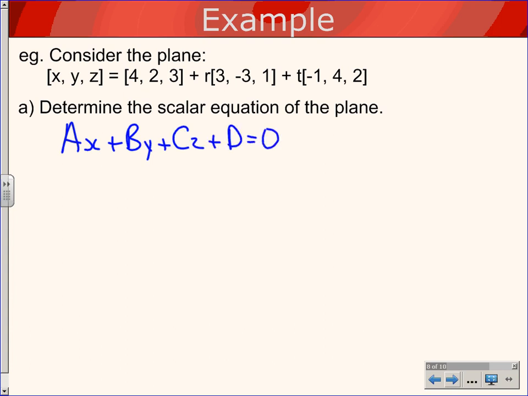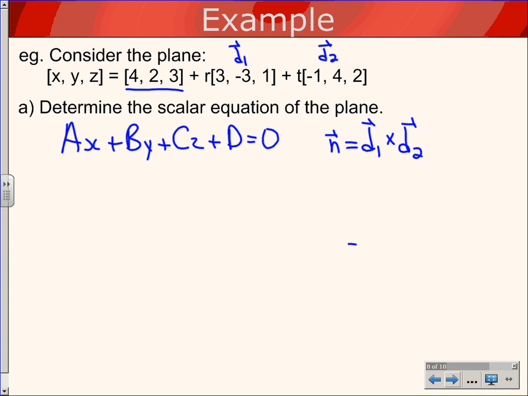We can get the normal vector by doing the cross product of two direction vectors, right? Here's D1, here's D2. If those are both direction vectors of the plane, then their cross product would have to produce a normal vector. So that's going to turn out to be, I've got no zeros. I'm going to have to be careful with this again, aren't I?